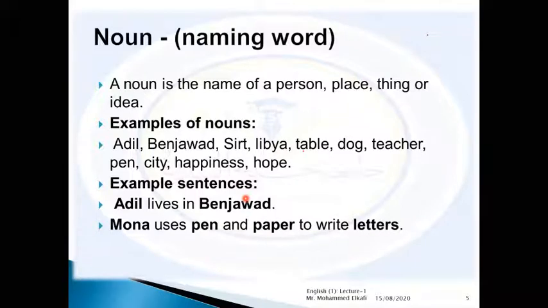Another example for noun in a sentence: Muna uses pen and paper to write letters. Okay, so you think of the noun, or the nouns are Muna, name of person, pen, and paper, names of things, and also letters is plural form of letter. Okay, which is a name of a thing.